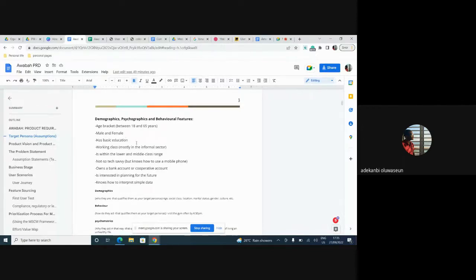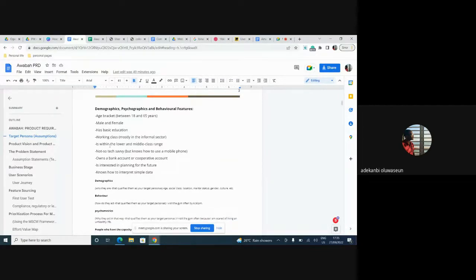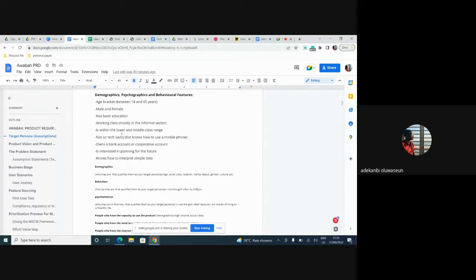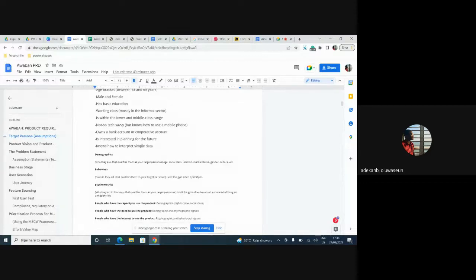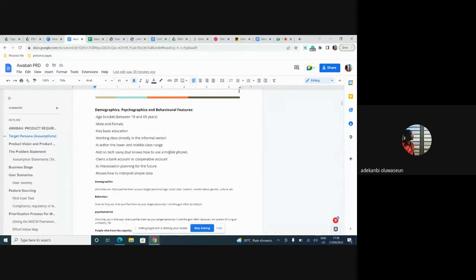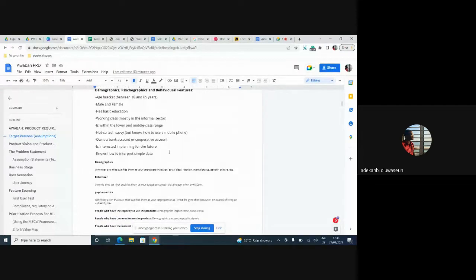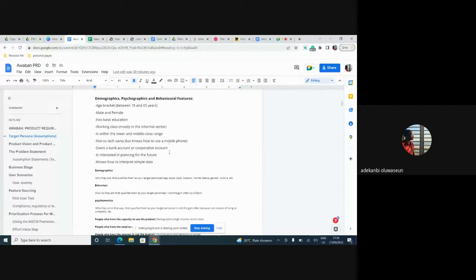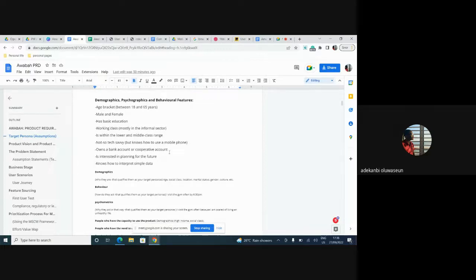They have basic education and work in the informal sector. They're in the lower or middle class range and are not so tech savvy. They own a bank account or a cooperative account. They are interested in planning for their future, and they have minimal skill in analyzing data. So you want to highlight this.